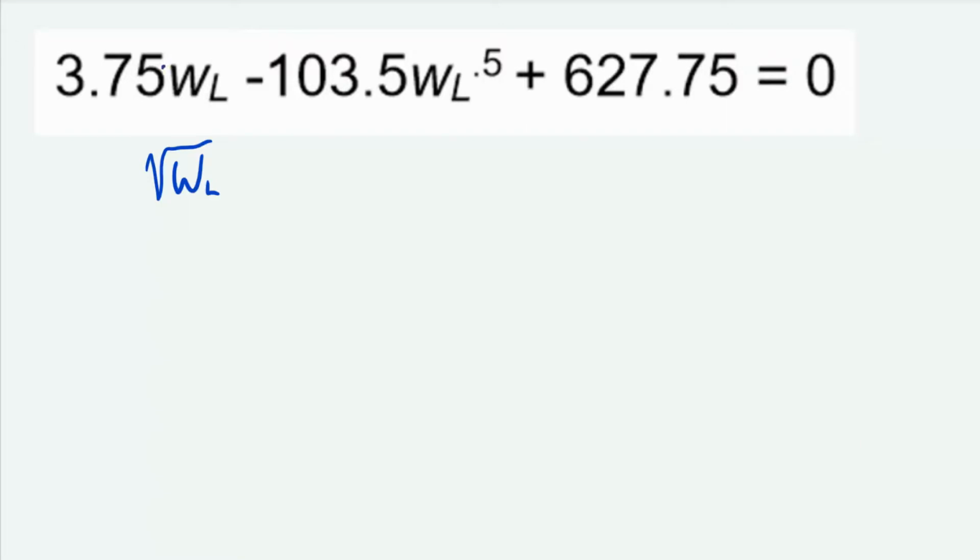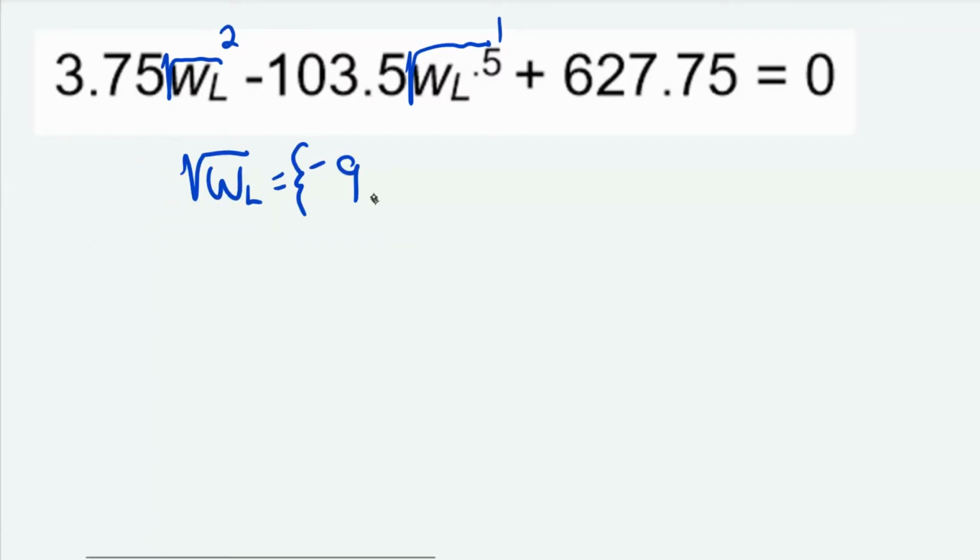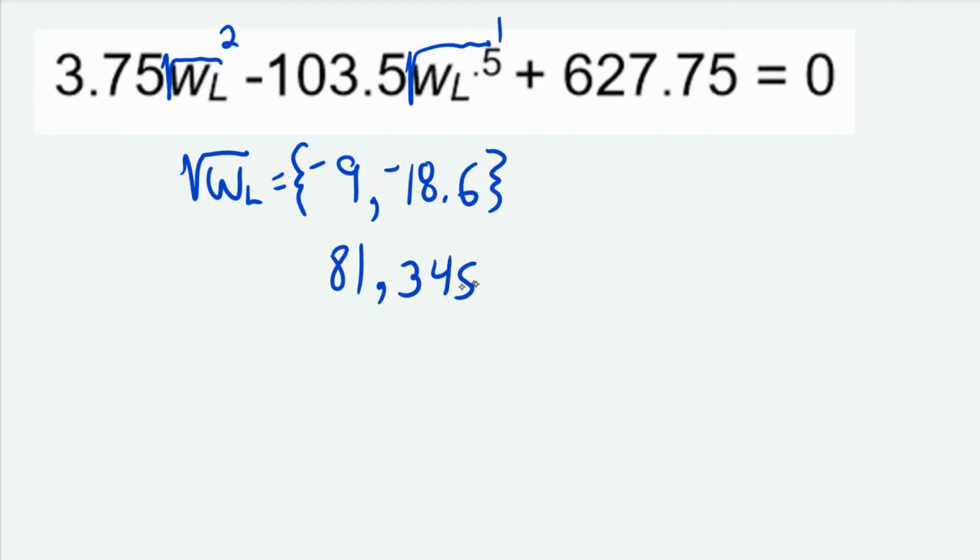So if this is the square root of WL squared, and this is the square root of WL to the first power, by using the quadratic equation, you can get that the roots of this equation for the square root of WL are -9 and -18.6. And when you square them, you get 81 and 345.96.